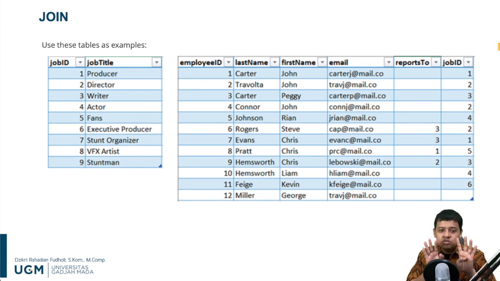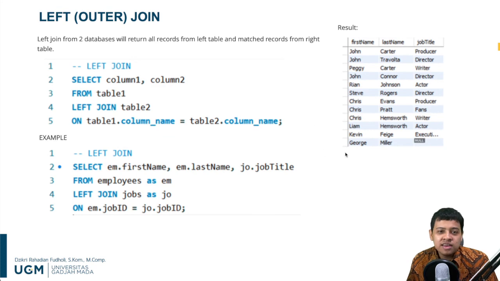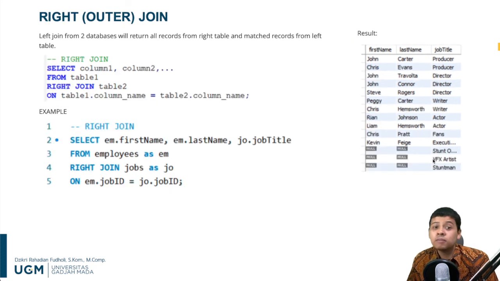And if we use outer join, there will be some null on the jobs table side, and some null on the employees table side. So just like this one, the left outer and the right outer combined.